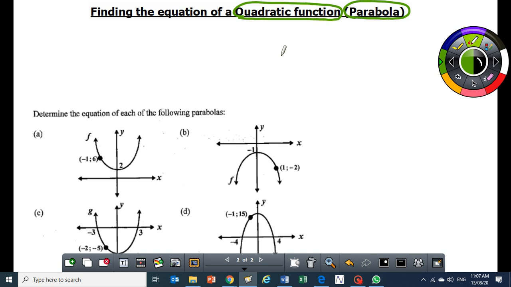of a quadratic function or the equation of a parabola. Right?